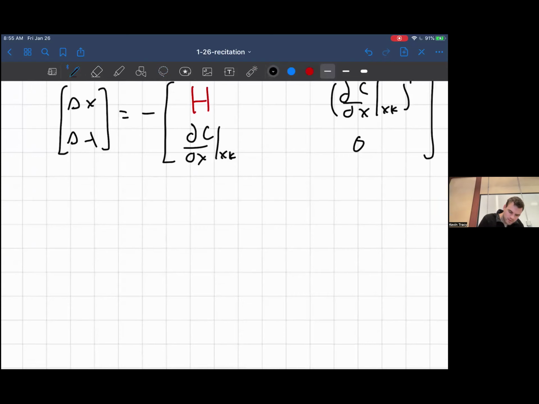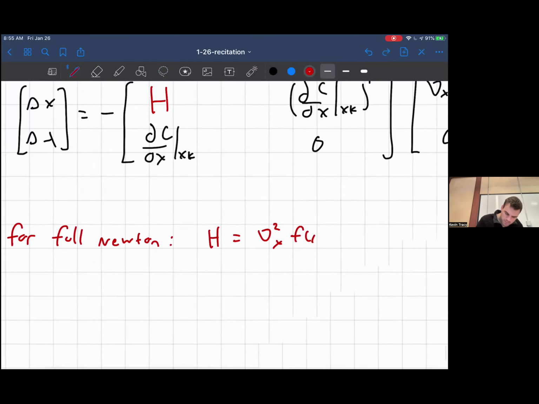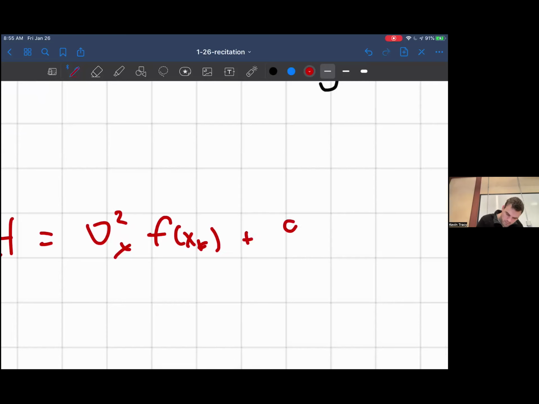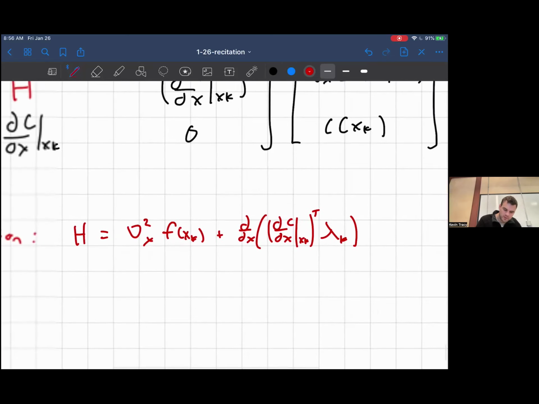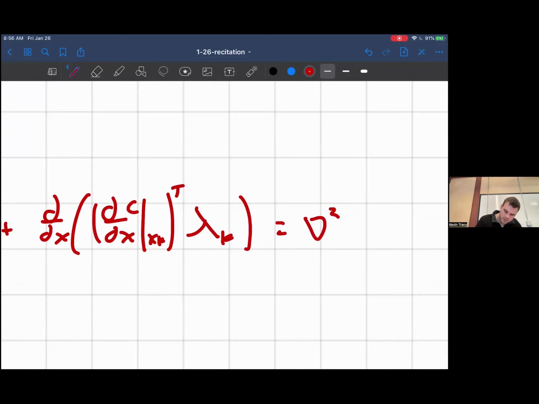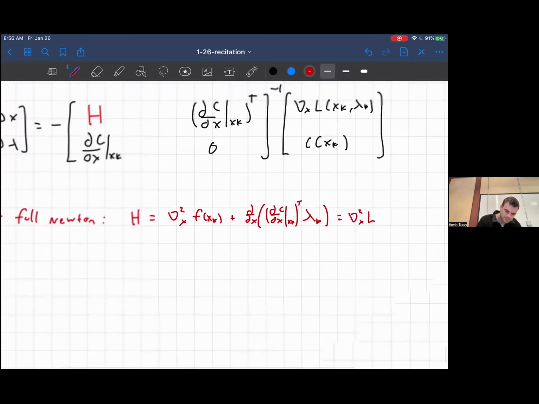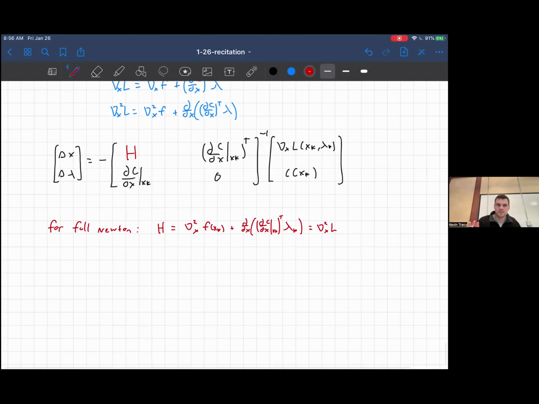For full Newton, we just have the Hessian of the Lagrangian. So for full Newton, this is what I wrote down earlier. The true Jacobian of our residual function is this.